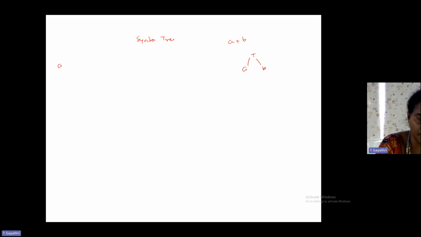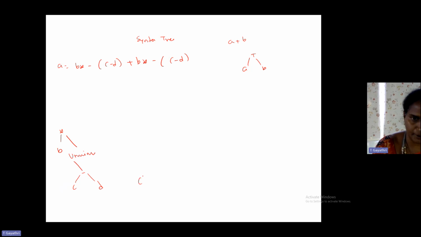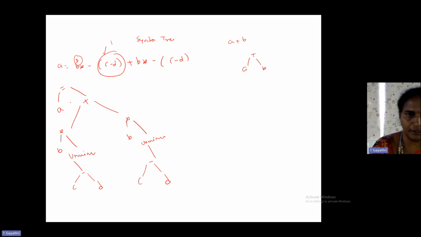Here I will explain one example: A equal to B into C minus D plus B into C minus D. So first C minus D, and we multiply with B. Based on operator precedence, this executes first, and after this the multiplication. And we multiply with B again. Now we add, and we assign to A. That is the syntax tree, that is the first representation.